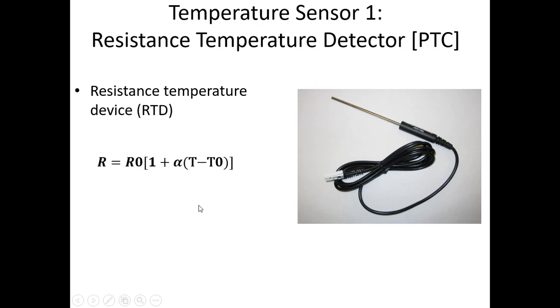Now this device can be used to measure the output, but here again the output is in the form of resistance, right? So in order to measure it on a digital device, this output reading has to be transformed into a current signal or voltage signal by using some kind of associated circuit.